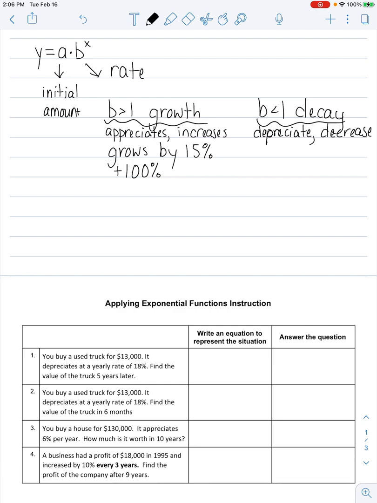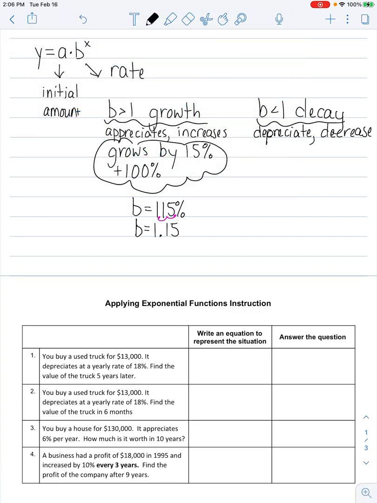So your growth rate, or your b, is going to be not 115%, because we don't see that a lot, but we're going to change that to a decimal. And all that means is wherever the decimal is, we move 2 spaces to the left.